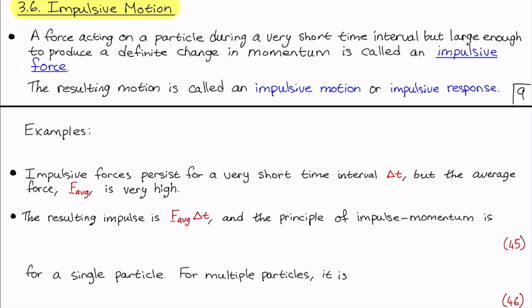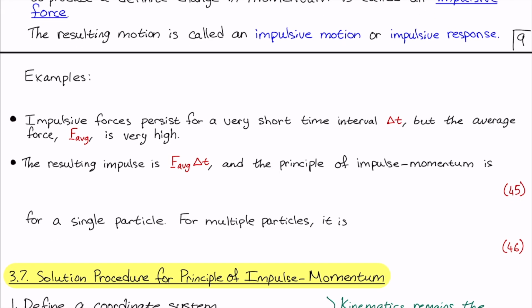So some examples of impulsive forces are things like a bat hitting a ball, or a hammer hitting a nail, or in my research, we use instrumented hammers to hit structures to cause them to vibrate.